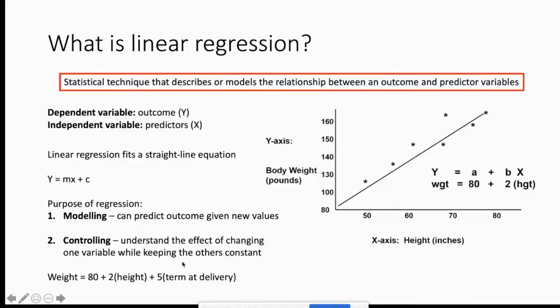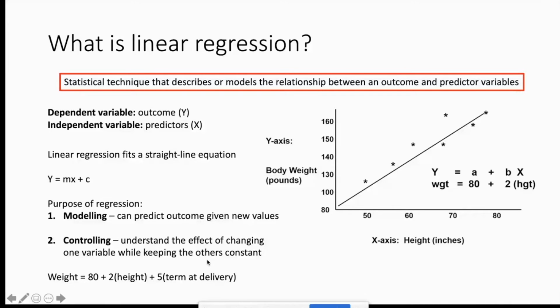controlling for their gestational age, or how old they were when they were delivered, we could say that for every increase in unit of height, so that's for every inch in height, their weight would increase by twofold. And that is keeping delivery at term constant.